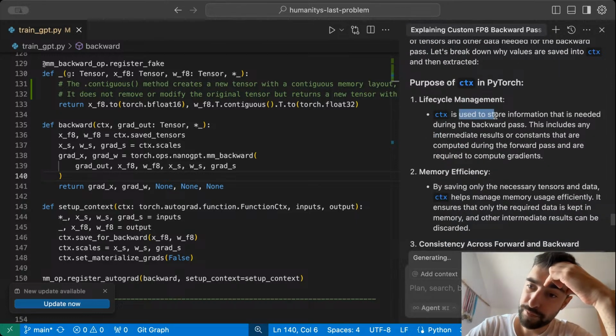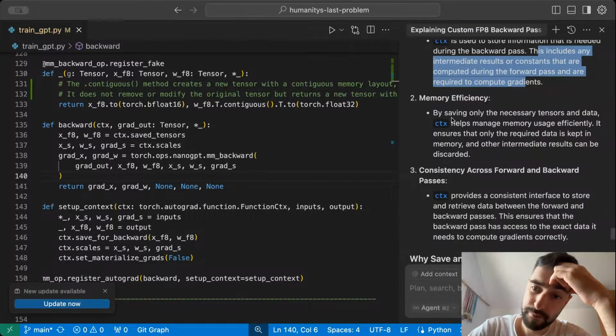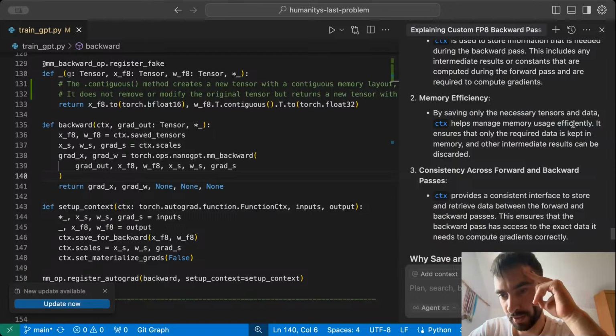Context is used to store information that is needed during the backward pass. This includes any intermediate results or constants that are computed during the forward pass and are required to compute gradients. Context helps manage memory usage efficiently.